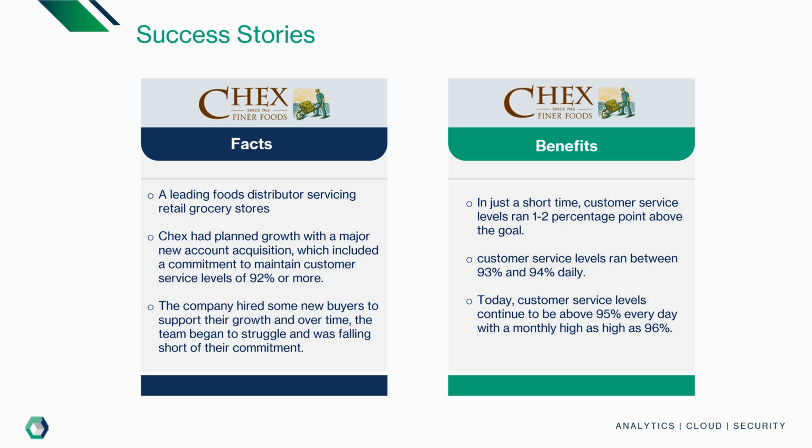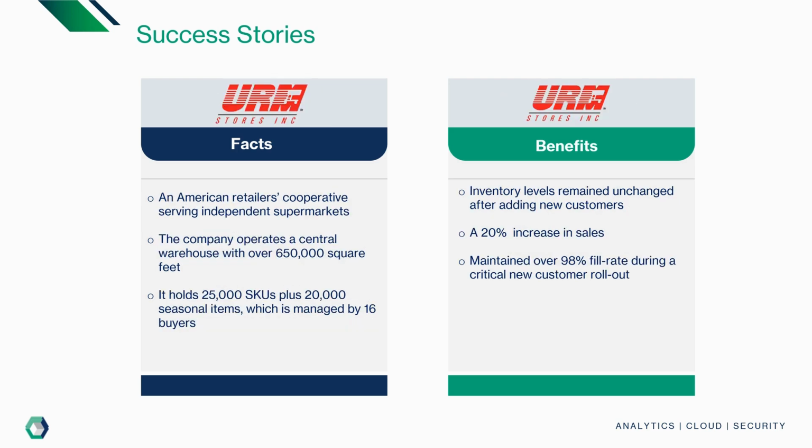This company continues to sustain impressive service levels above 95% every day, with monthly highs reaching up to an exceptional 96%. The other important success story is for a retailer, and despite adding new customers, their inventory levels remain the same.